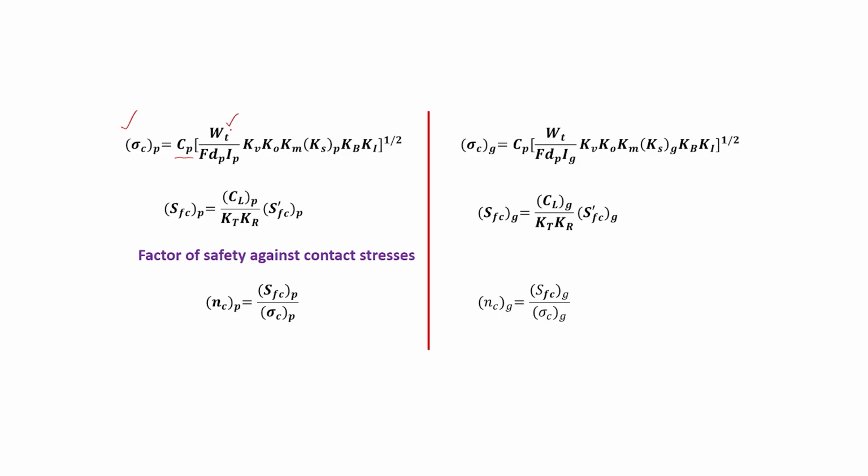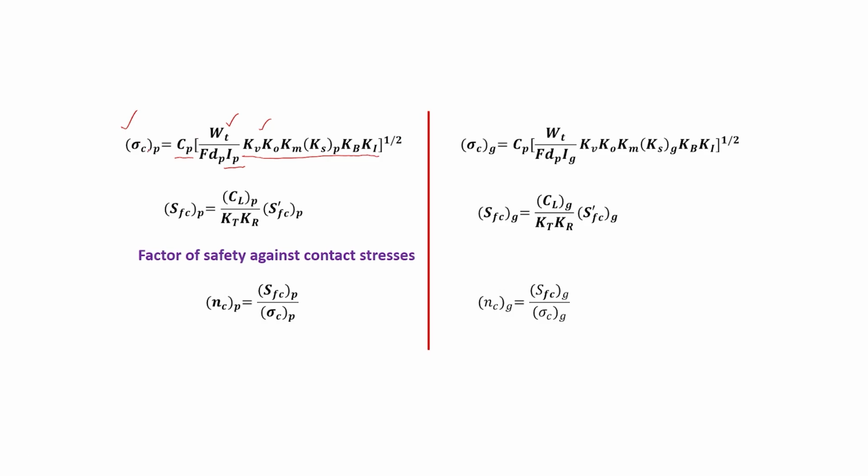Wt is the transmitted load, F is the face width, dP is the pitch circle diameter of the pinion, I is the geometry factor for the surface fatigue, and the correction factors are same as were used in the determination of bending stress, and it is to the power half.